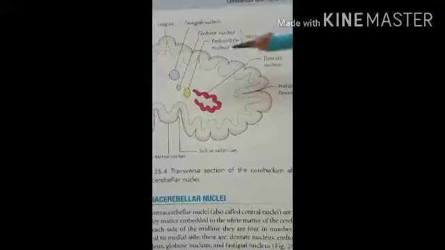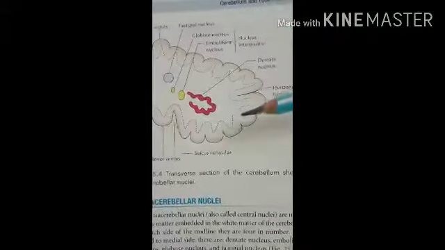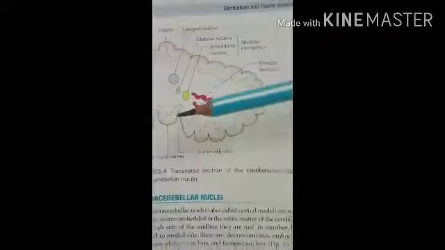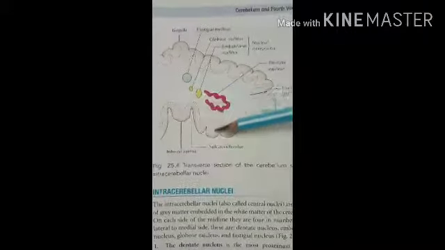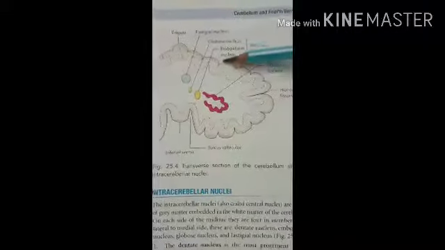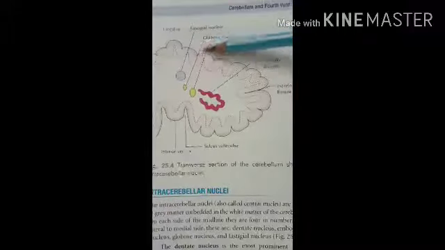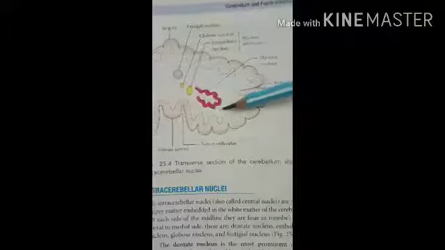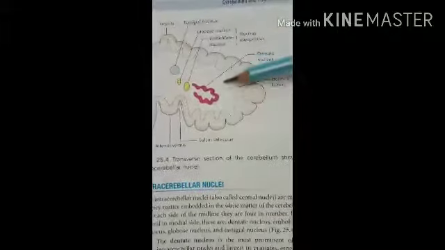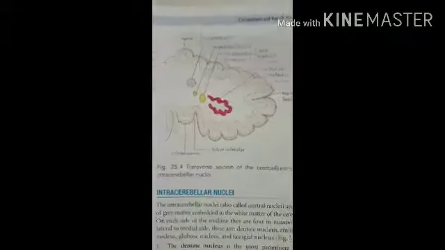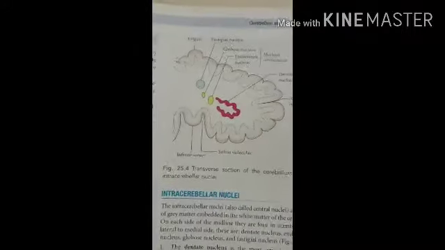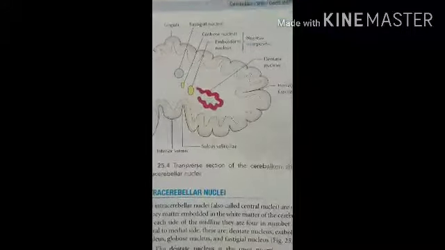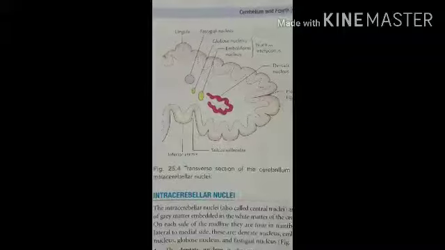The cerebellum is made up of a thin surface layer of gray matter, the cerebellar cortex. Here you can see the gray matter is present on the peripheral side, and in the central core the white matter is present. Opposite to that, in the brainstem and the spinal cord we had seen centrally H-shaped gray matter and peripheral white matter.